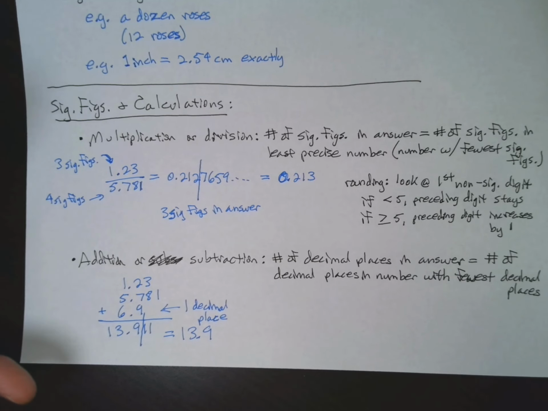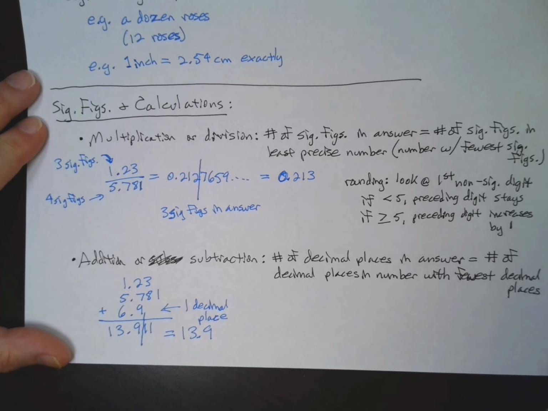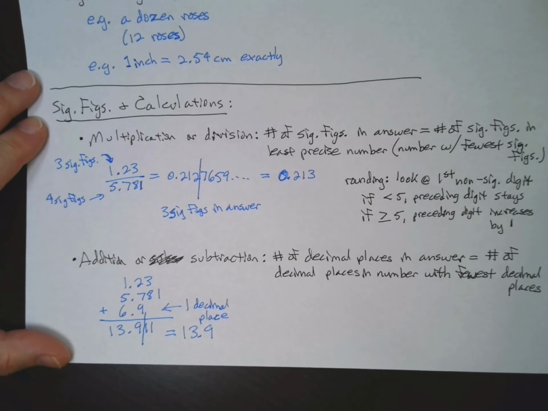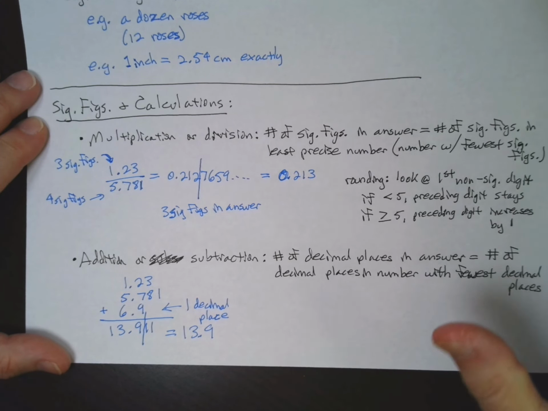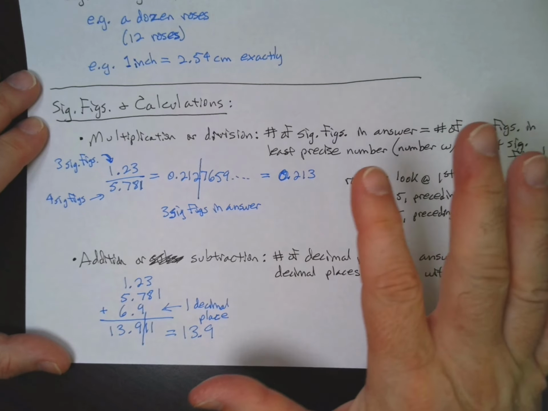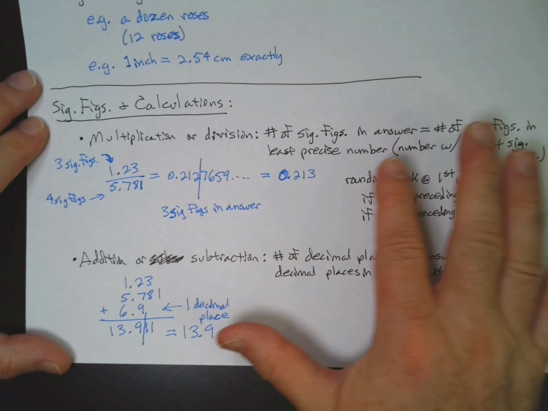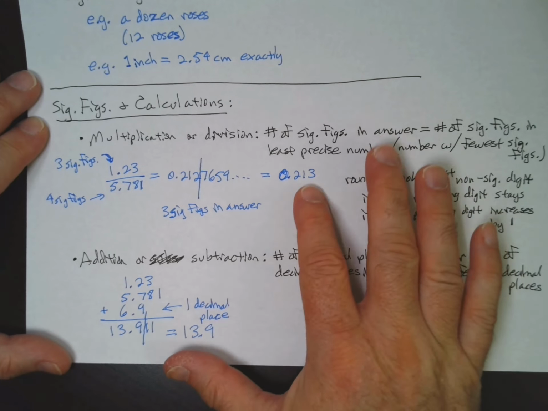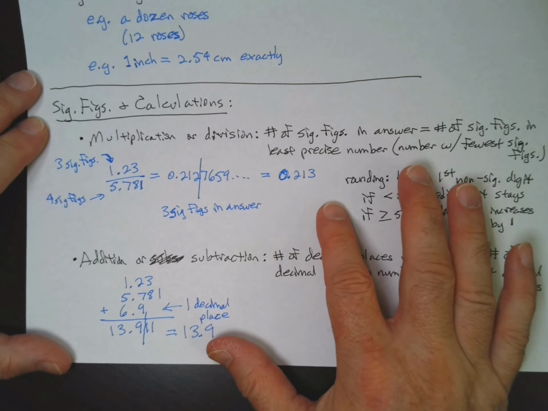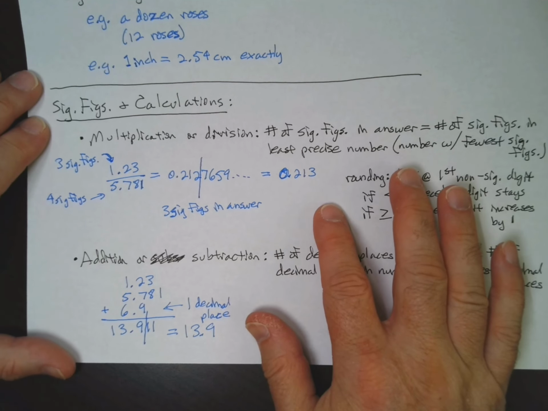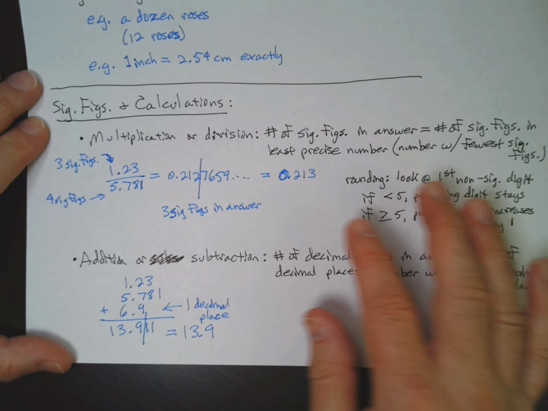All right, so there are practice problems where you can practice this, and I highly recommend doing that. We'll have some time also in class, in lab, and in the class activity to do some work with significant figures. And it's important to be able to determine the number of sig figs correctly and do calculations and get the correct number of sig figs at the end of the calculation. That's going to happen over and over and over again.